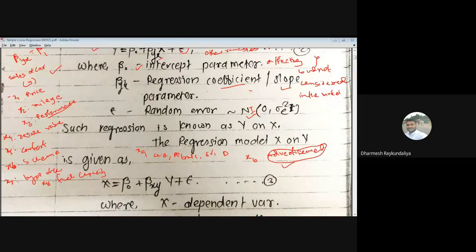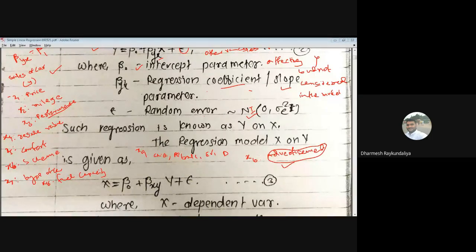Whether the epsilon has a normal distribution. Epsilon cannot be measured directly, so we measure Y, and based on Y we make a histogram and a box plot of Y, and then decide whether the data has a normal distribution or not.